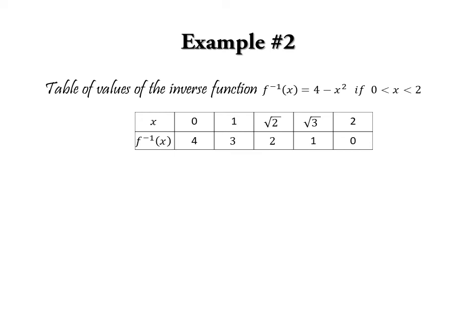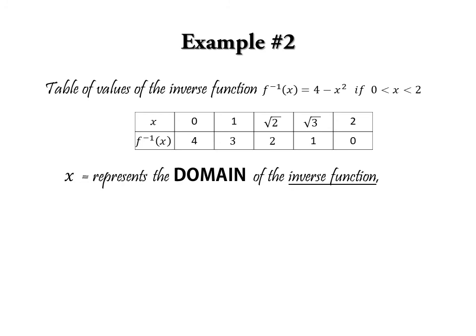If it is 1, then the value is 3. If it is square root of 2, the value is 2. If it is square root of 3, then the value is 1. If it is 2, that is 0.